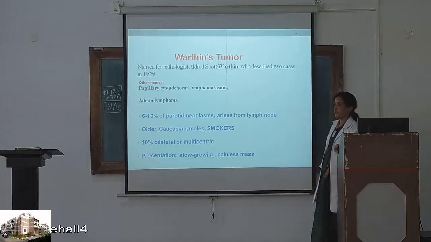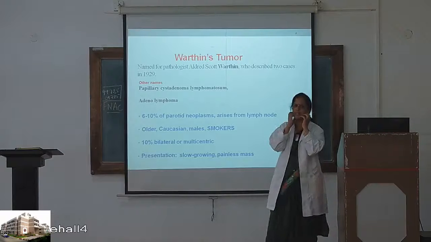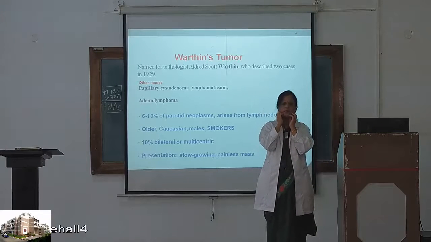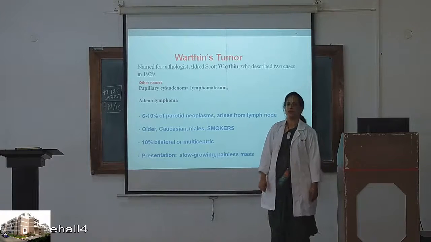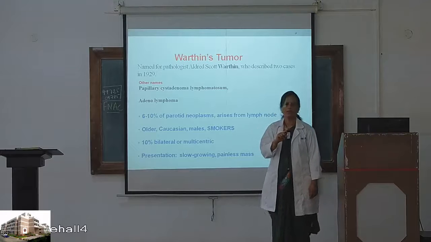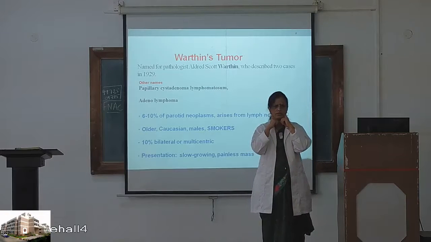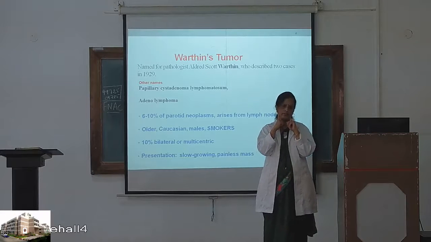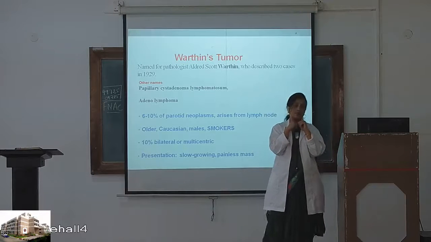And the peculiar features you should remember: it most commonly, sometimes exclusively, affects the parotid gland. Pleomorphic adenoma occurs anywhere, right? So the common site for Warthin's is parotid. It could be unilateral, it could be bilateral. That's another feature. Who are the people affected? Elderly individuals.